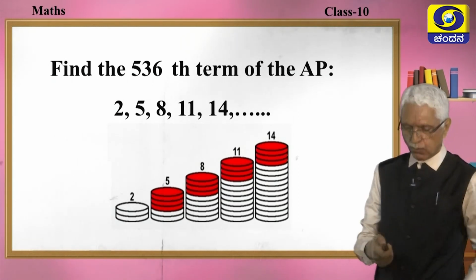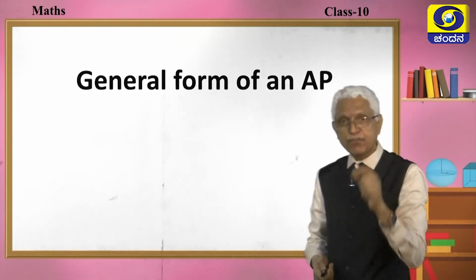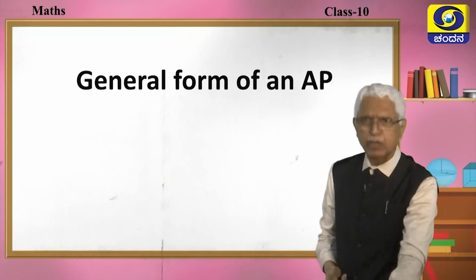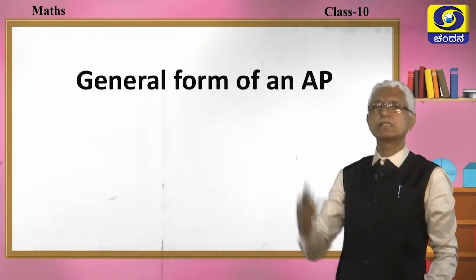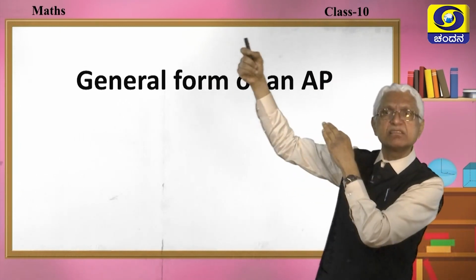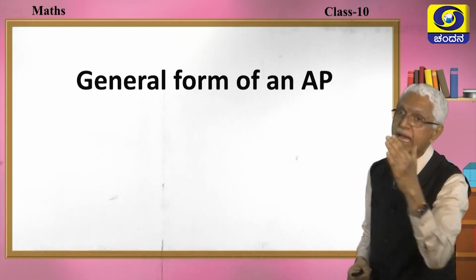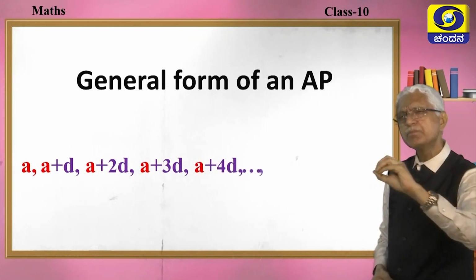If you want to find out any particular term of an AP, 100th term, 50th term, 1000th term, you can find it out, but not by adding the common difference. For this, mathematicians have thought of a brilliant, simple formula.